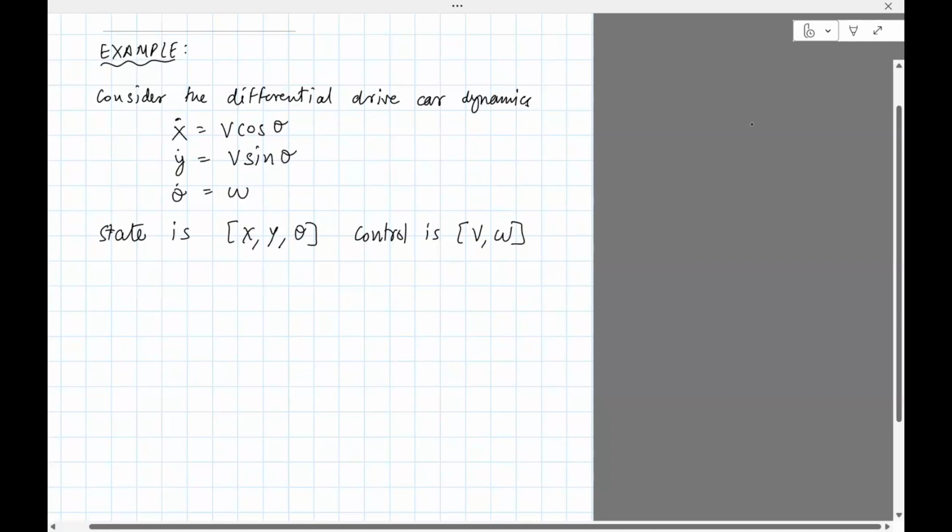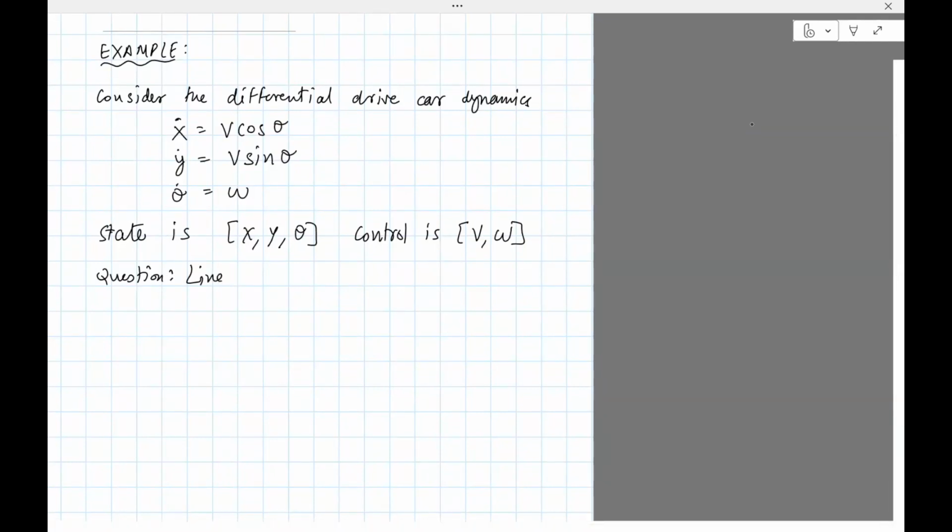Okay, so the question is: linearize the system at some operating point.